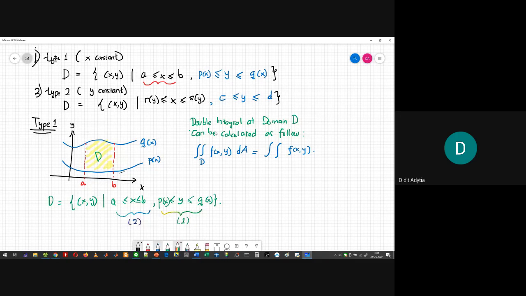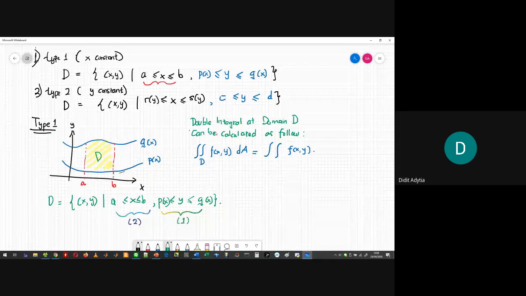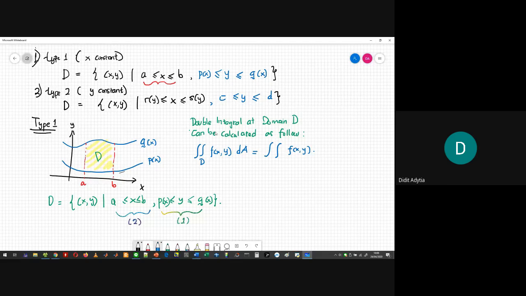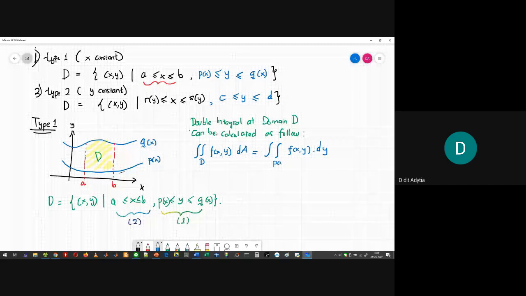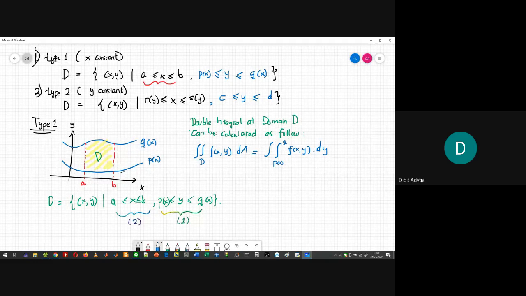Okay, so we calculate based on, I will use blue again. We calculate first with dy, and then y itself is from p(x) to q(x). And then the rest is x. x is between a and b.